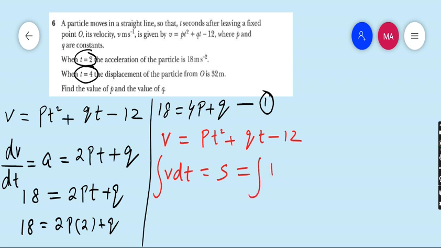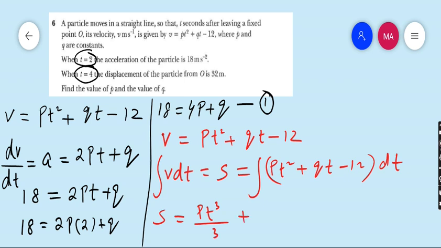So integrate pt squared plus qt minus 12 dt. So s is equal to pt cubed upon 3 plus qt squared upon 2 minus 12t plus c. c is the constant of integration.